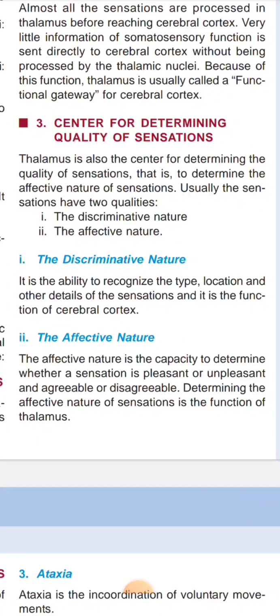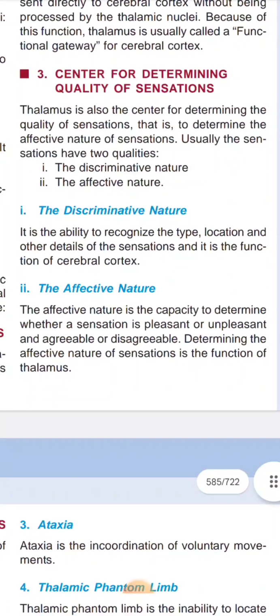So quality of sensations, for example, it will tell us about the discriminative nature. What is meant by discriminative in nature means it is the ability to recognize the type, location and other details of sensations, and it is a function of cerebral cortex.